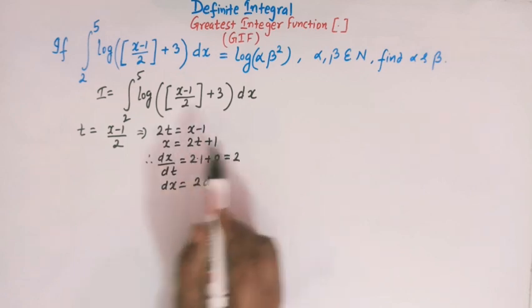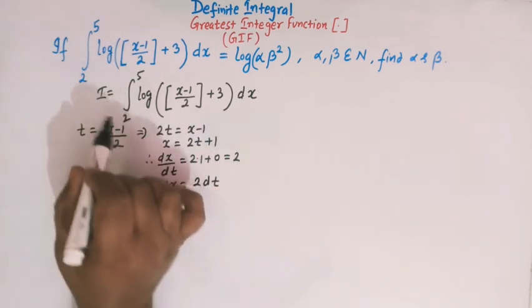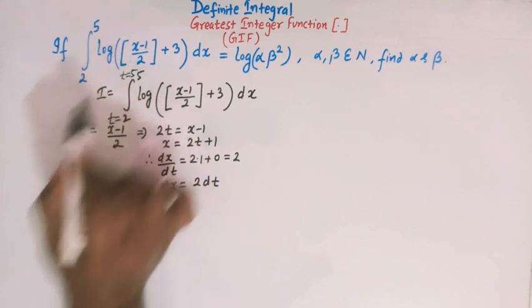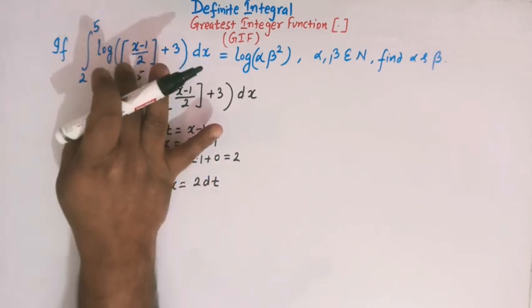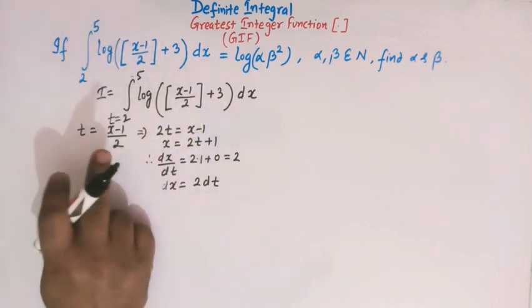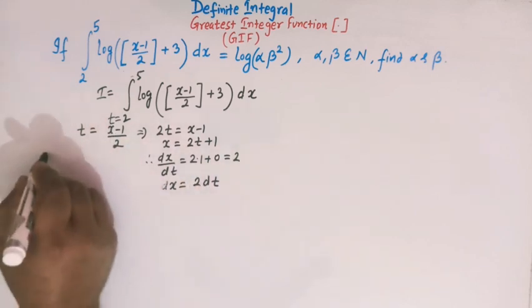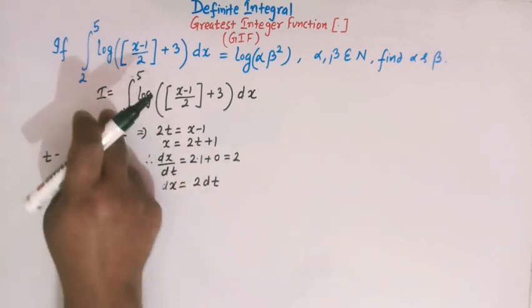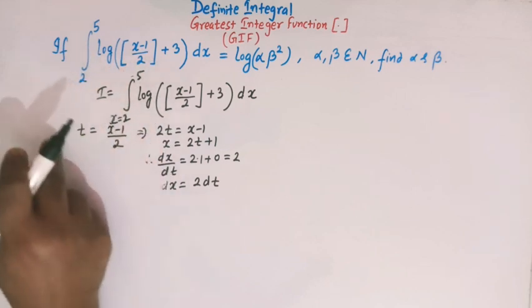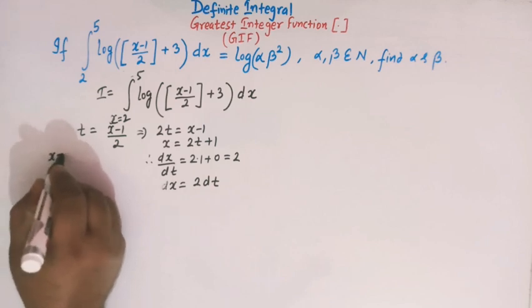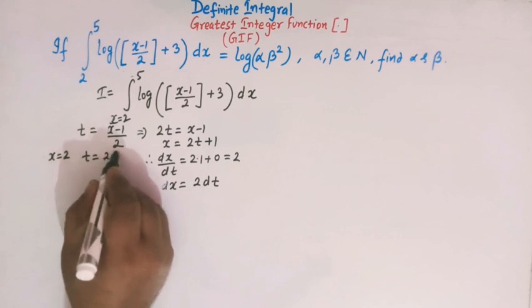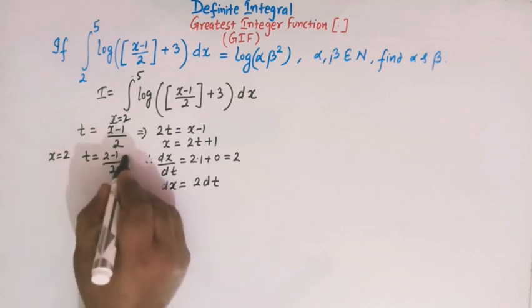Now we see that the limits of integration are from x equal to 2 to x equal to 5, so we'll change the limits accordingly. When x is equal to 2, we have t equal to (2 minus 1) over 2, that is half.